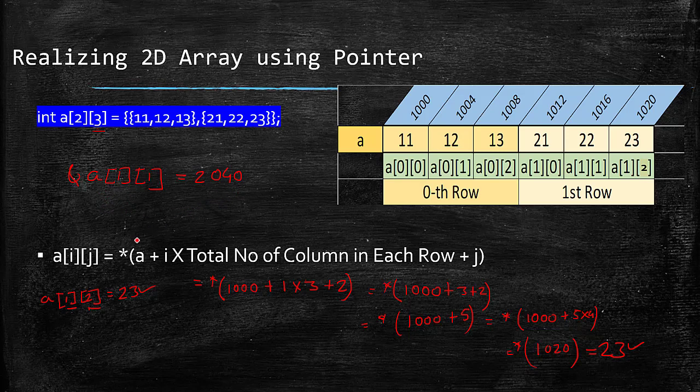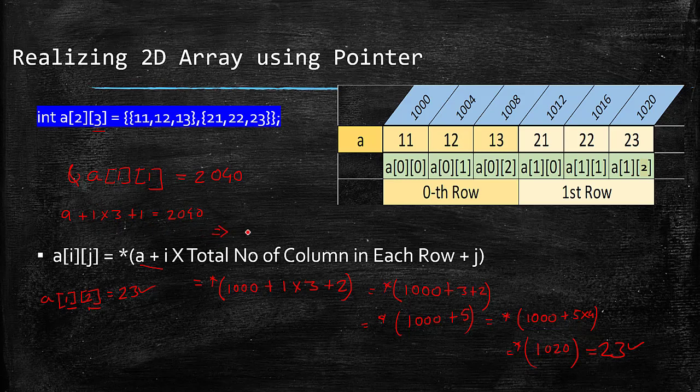How can we calculate it? Here the base address is unknown, but we know the value of this expression. So let us put a for the base address, which is unknown. So A plus i value is 1, so 1 into the total number of columns, suppose it is given as 3, so into 3 plus 1, that is 4. Here we need to multiply this with the size of the data type.